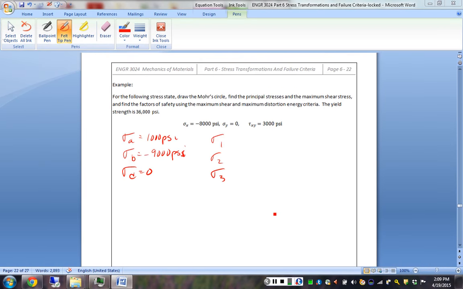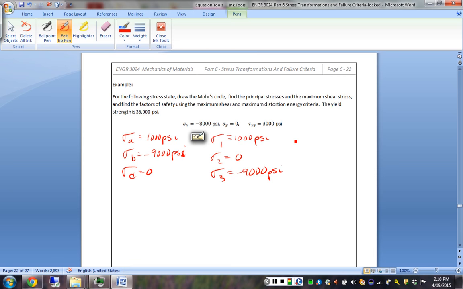So, after one more Microsoft Word crash recovery, we had drawn Mohr's circle. We figured out that the principal stress is sigma A, 1,000, sigma B, minus 9,000, sigma C equals 0. So we reorder these by magnitude, and we get sigma 1 is 1,000, sigma 2 is 0, sigma 3 is minus 9,000.